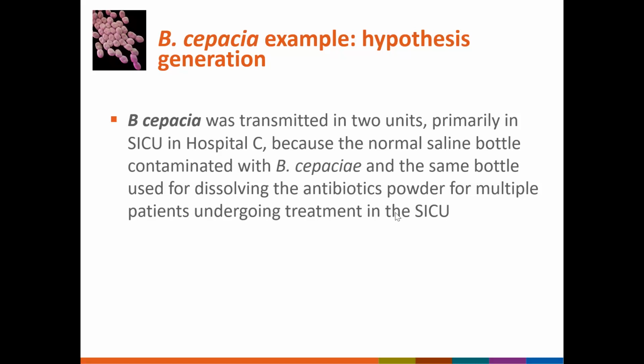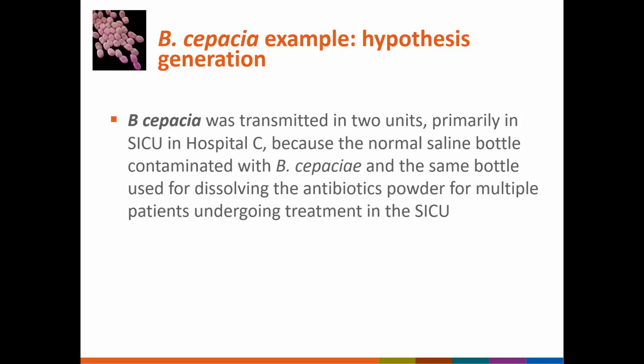You know very well, Burkholderia cepacia usually survives in fluids and things like that. So the IV fluid was contaminated, for whoever got that particular batch of IV fluid, and the same big 500 ml bottle was used for multiple punctures, and it was used for diluting antibiotics and other medications.